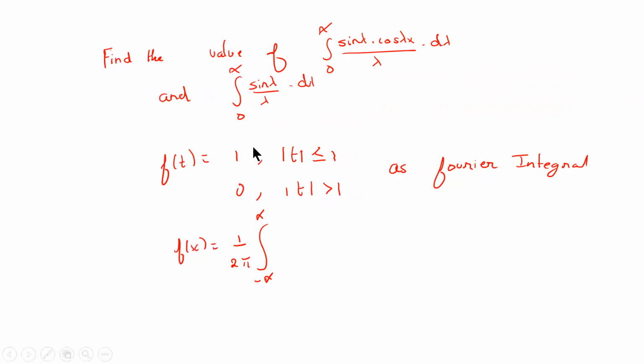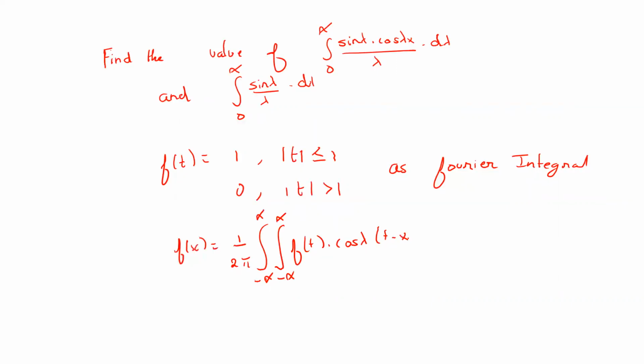So in our given f of t, let me write out the integral. Given f of t is 1 between minus 1 and plus 1. So this integral from minus infinity to plus infinity, cos lambda t minus x dt d lambda.